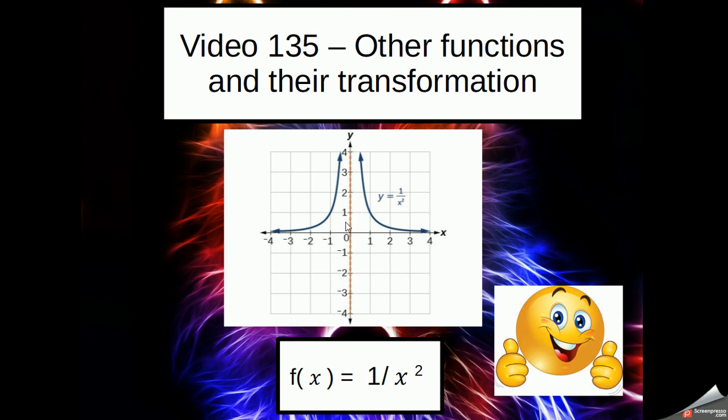However, in this one, whenever we have a negative x, squaring it makes it positive, so we've only got y's that are positive. So instead of having a curve in the first quadrant and in the third one, we've got them in the first and second, where y is always positive.